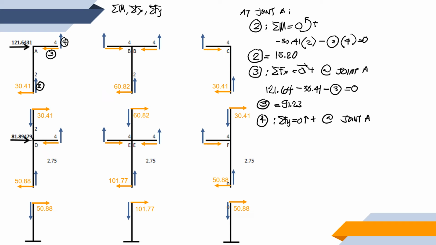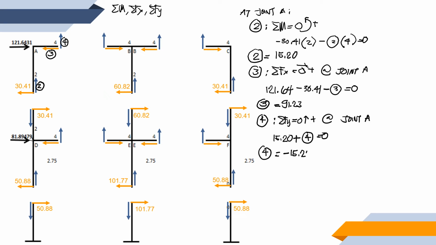We have force number 2, which is equal to 15.2, and it is directed upwards, meaning it is positive. Our assumption for force number 4 is also directed upwards, so we will assume a positive sign for force number 4, and that is equal to 0. The value for force number 4 that we get from this computation is negative 15.2.